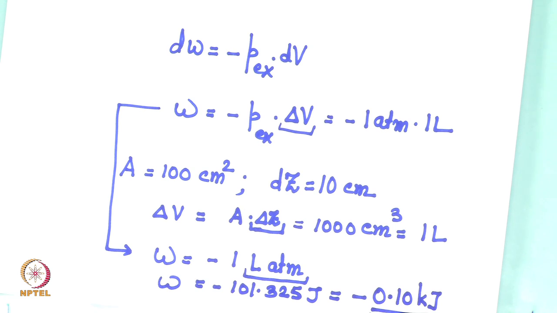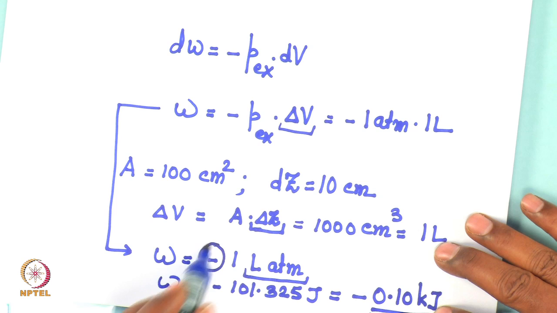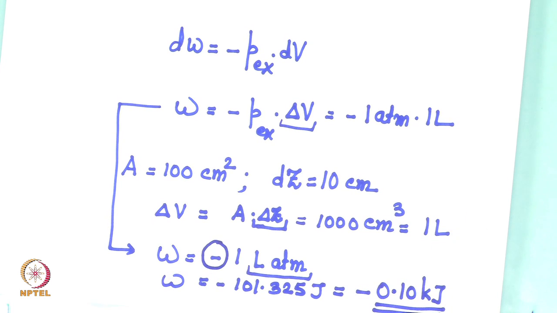Please note that the sign is negative. In thermodynamics, let us not just go by the numbers. Numbers have certain meaning, but in addition to the numbers, the sign also has a lot of meaning.